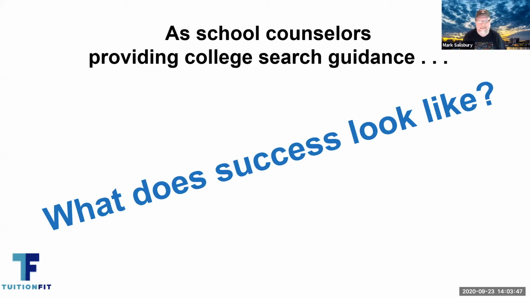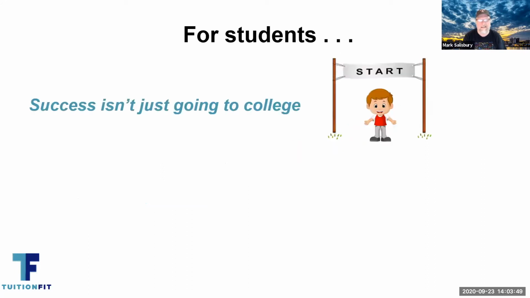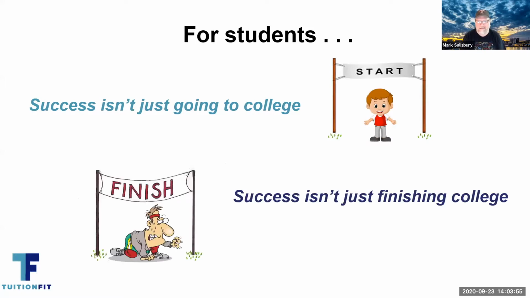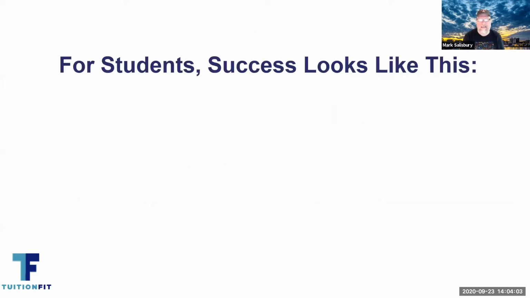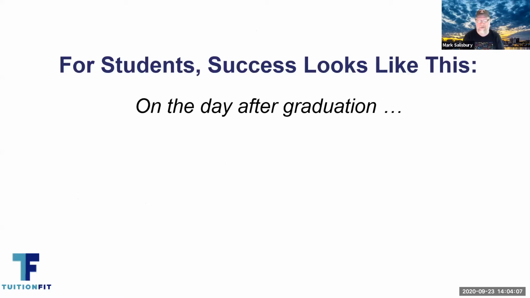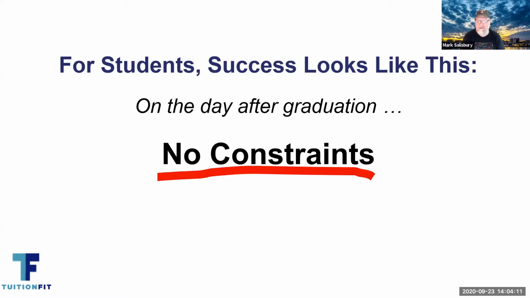So what is success supposed to look like? For students, success really isn't just going to college, and success isn't just finishing college. That's a picture of me finishing college right there. Success is a lot more than that. For students, success looks like, on the day after they graduate from college, they have no constraints.